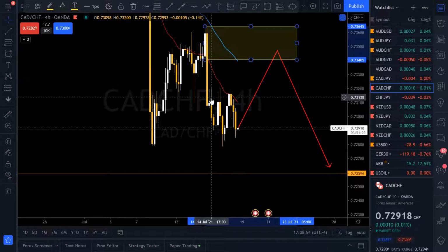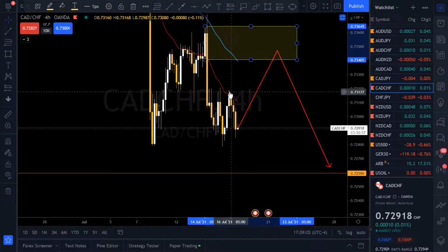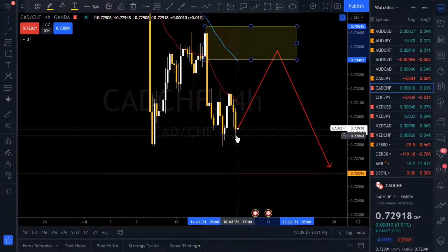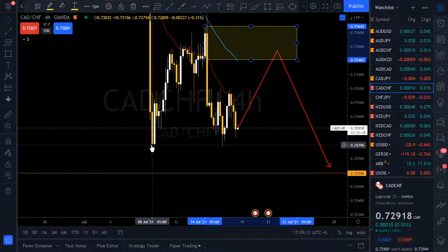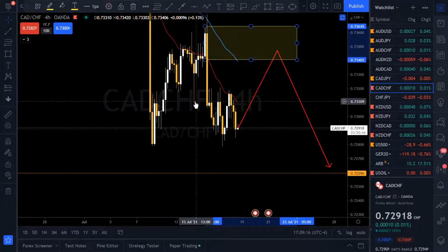We got some signs of exhaustion for the pullback from this impulse down. Gave it another pullback, and you can see price has got some rejection from this bullish order block here, which was retested here, and now we're retesting it again.